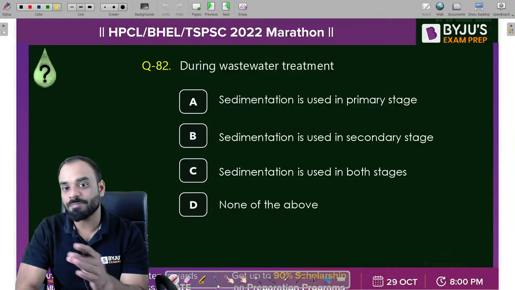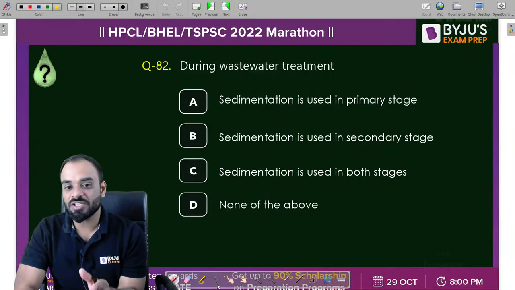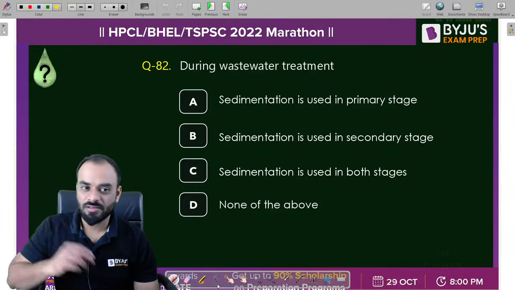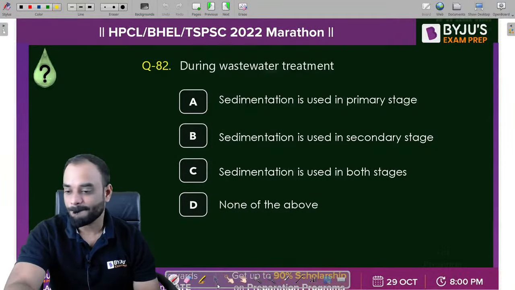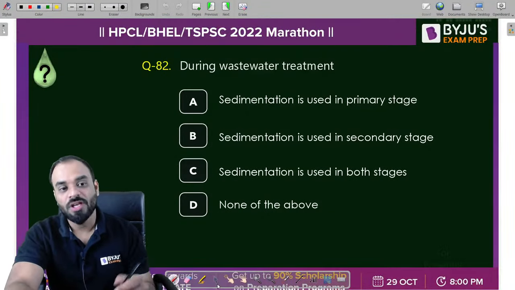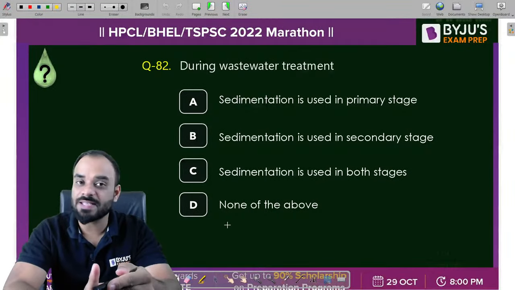Sedimentation is used in primary stage, sedimentation is used in secondary stage, sedimentation is used in both the stages. Quickly tell me guys the correct answer for this. Both. We know that guys, there are two types of sedimentation tank. One is primary, second is secondary.